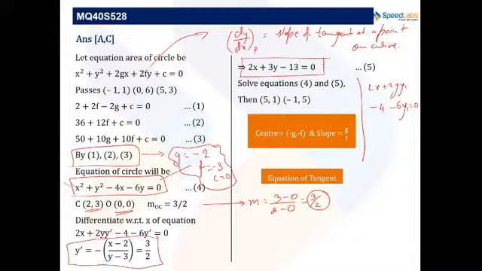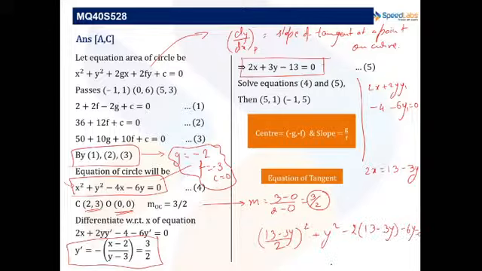Again, when you will be solving these two equations, it will be a quadratic equation. So you can find the value of 2x will be 13 minus 3y, then substitute it. The x square will be (13 minus 3y by 2) whole square plus y square minus 2 into (13 minus 3y) minus 6y equals 0.